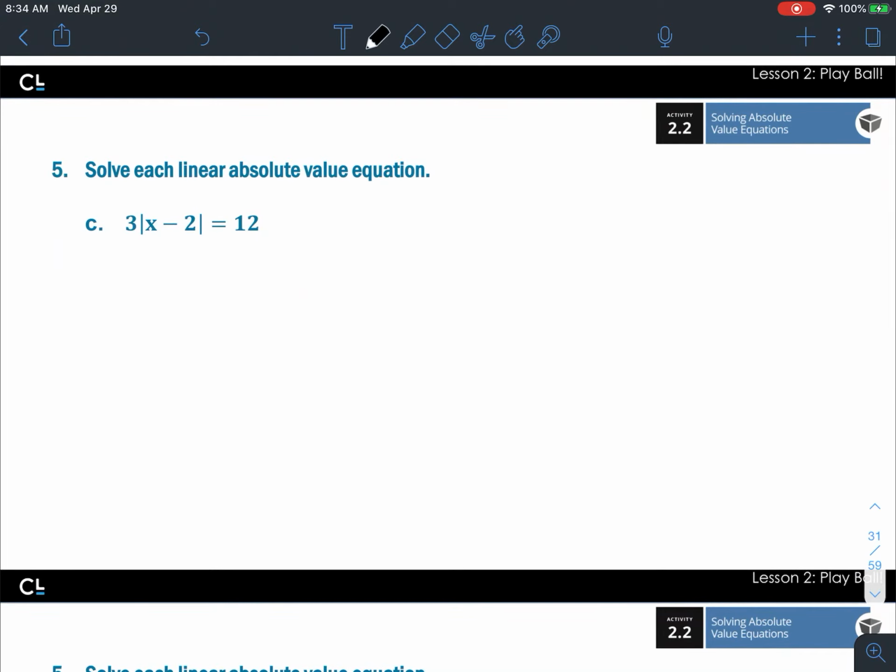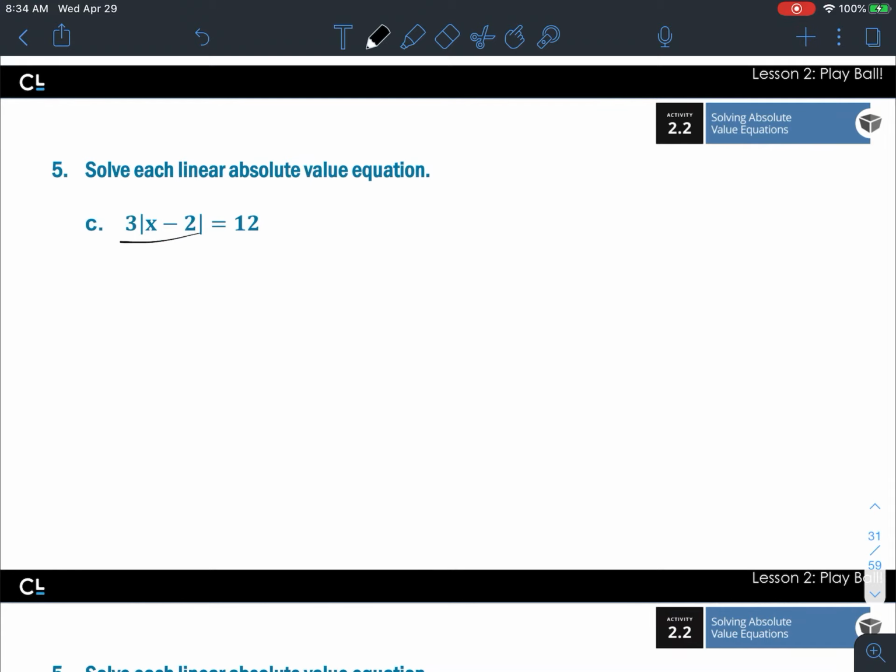This is where it starts getting a little bit more tricky, okay? I hope you guys can bear with me and understand some of this. Now, this part here is 3 absolute value of x minus 2, so 3 times absolute value of x minus 2 is equal to 12.